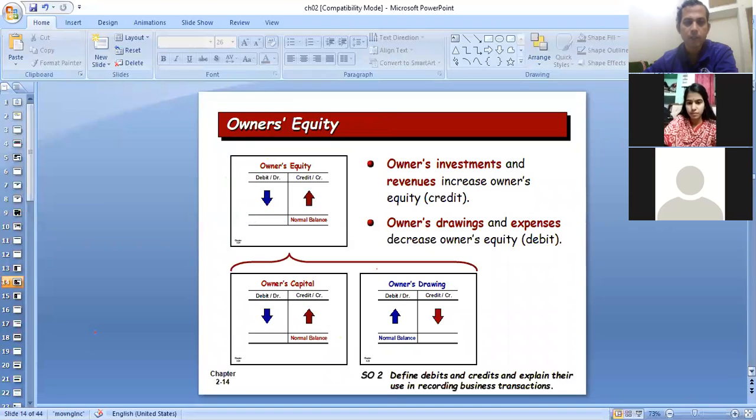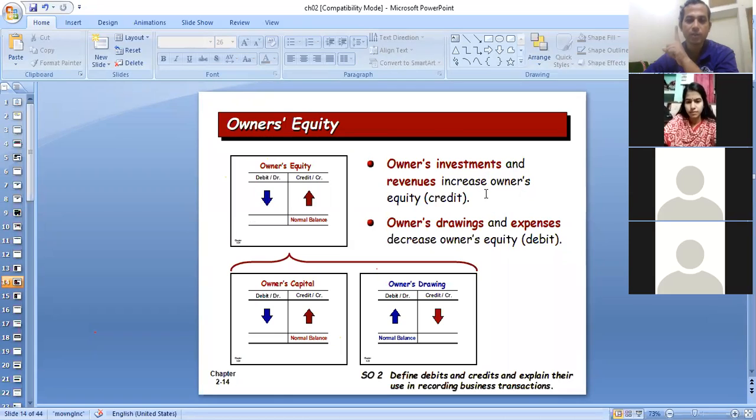Here you see owner's investment and revenues increase owner's equity. Whatever slides come, if you use the formula, you can easily understand what is debit and credit. For example, owner's investment and revenues increase owner's equity. Can you remember revenues CALAR increase? Revenue increase, credit. See here, revenue increase, credit.